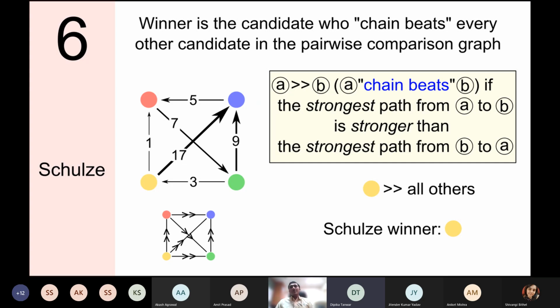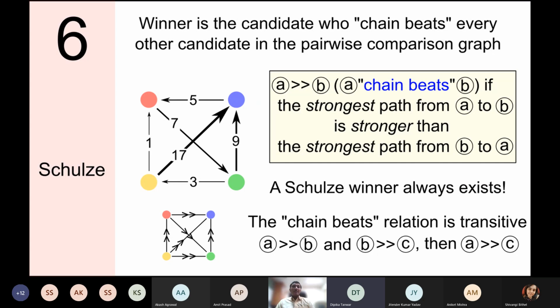Okay, so this is very good. In this example, there happened to exist a candidate that chain beat everybody. But is it obvious that such a candidate would always exist? At the moment, it should not be very obvious.